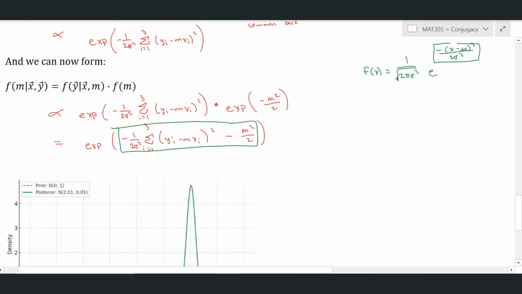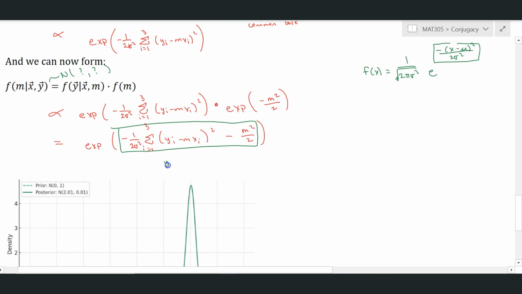Notice that our variable of interest is m, so if I can write negative (m minus mu) squared, then I can figure out what my mean and variance are. So I'm just going to expand this out, focusing on the green box.